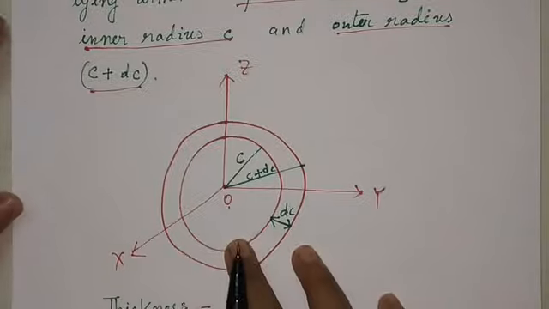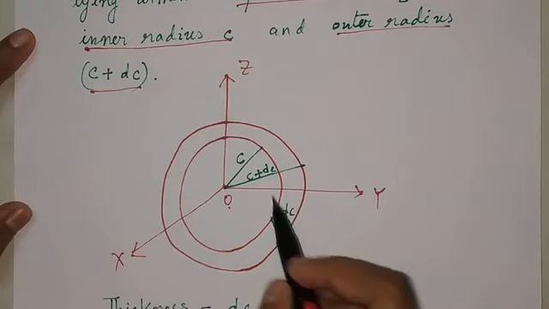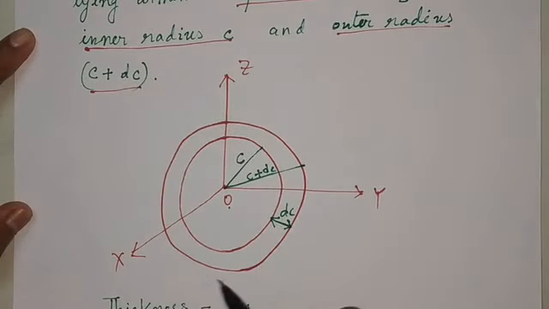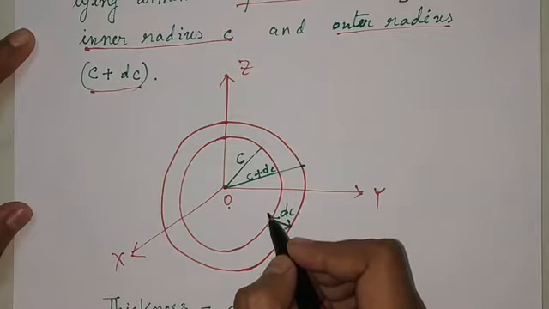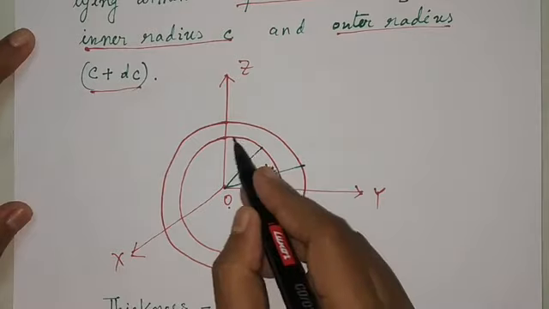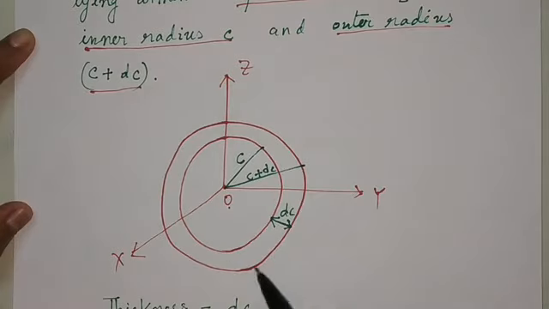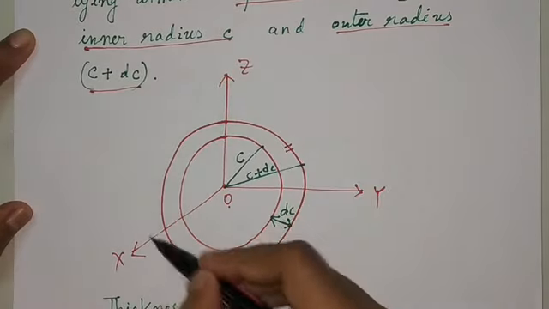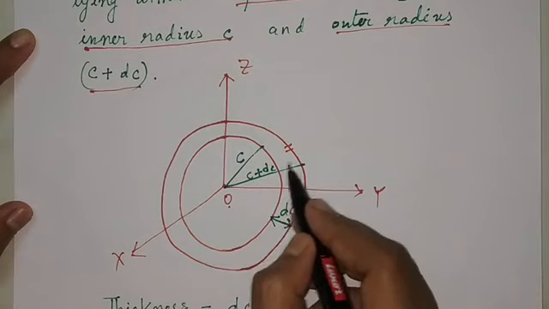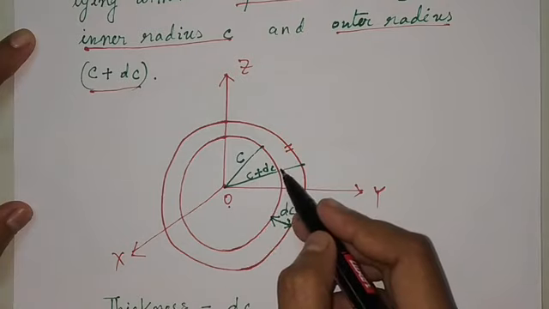So in the velocity diagram, suppose we have this spherical shell, okay, a concentric spherical shell. So we have the inner sphere of radius c and this outer, bigger sphere of radius c plus dc, okay.